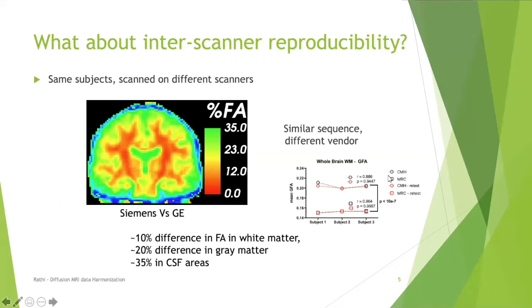This is also seen in the plot on the right, where the same subject scanned on 2 different scanners shows very large change in what we measure for generalized fractional anisotropy. And it's not 1 subject here, there are 3 subjects. You can see a pretty consistent set of changes.